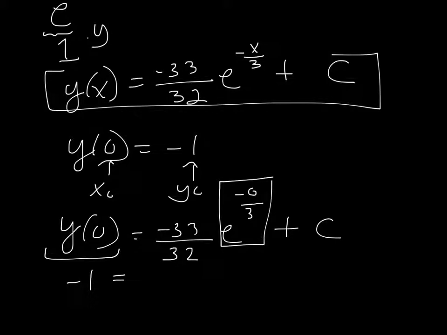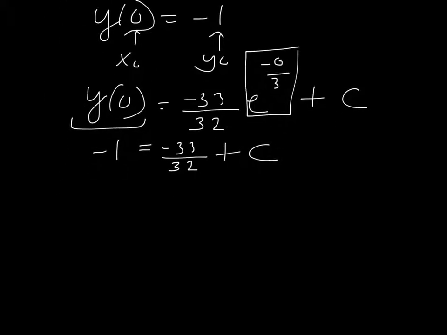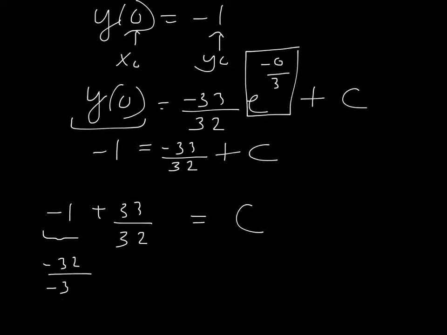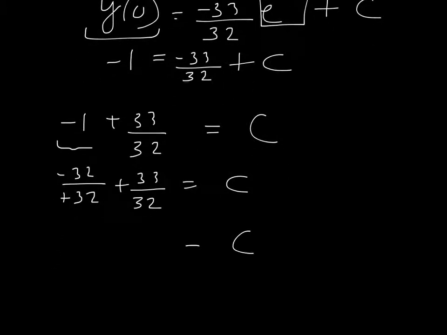Well, e to the 0 is just going to be 1. So we're just left with this. And then if we solve for c, that's negative 1 plus 33 over 32, or you can rewrite this as negative 32 over 32 plus 33 over 32. And then finally, we get 1 over 32.